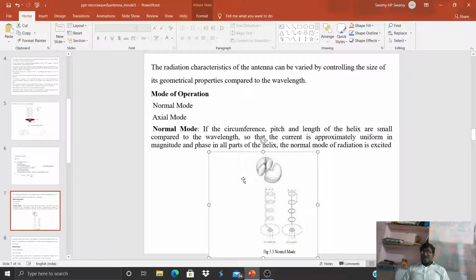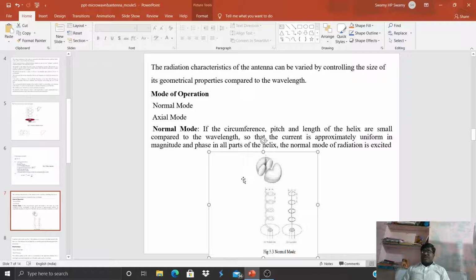The circumference, length and pitch of the helix antenna should be very small, so that the current is approximately uniform in magnitude and phase in all parts of the helix antenna.